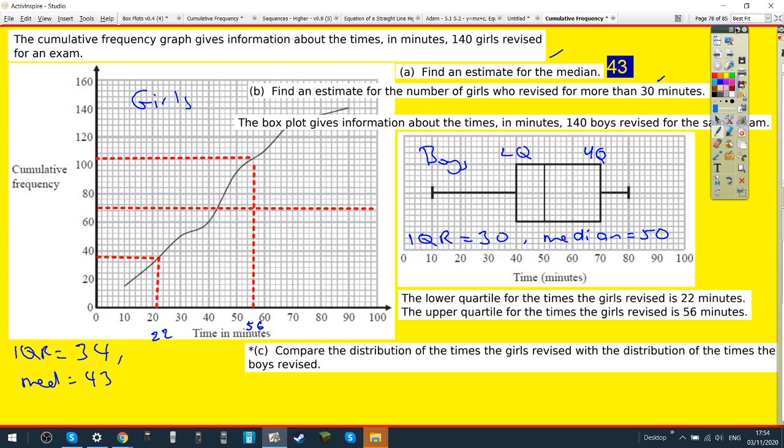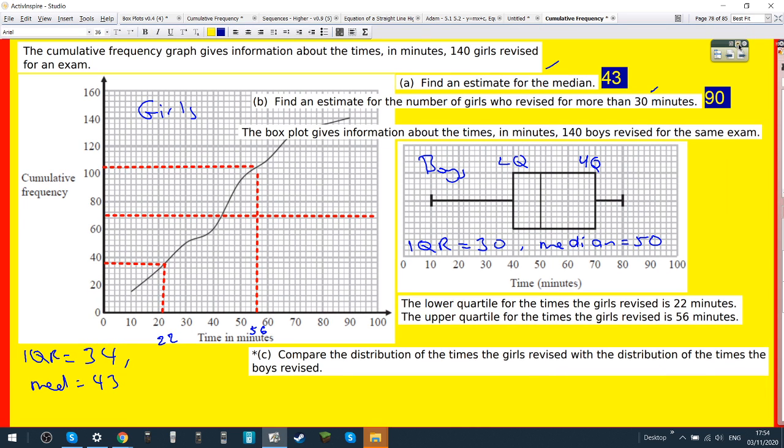And it's the time they spent revising for an exam. So it looks like the girls spent more time preparing. Why is that? Because they have the interquartile range is 34. That's not the average. That's the spread.